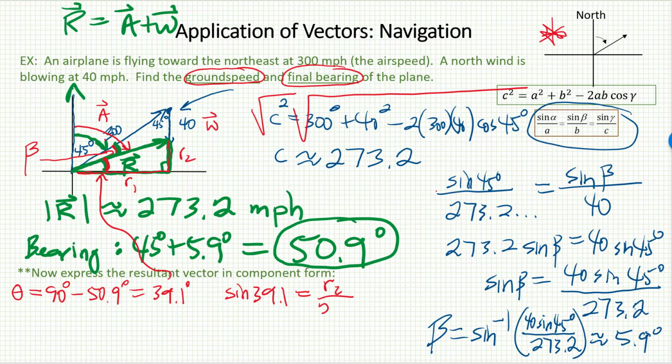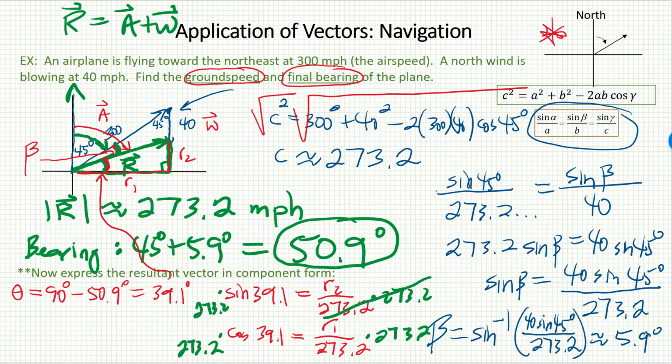We figured that out a while back, was 273.2. And cosine of 39.1 would just be adjacent over that same hypotenuse. And you can see if I just multiply both sides here by 273.2, I'll have the numbers that I want. R2 is 273.2 sine 39.1. R1 is 273.2 cosine 39.1.